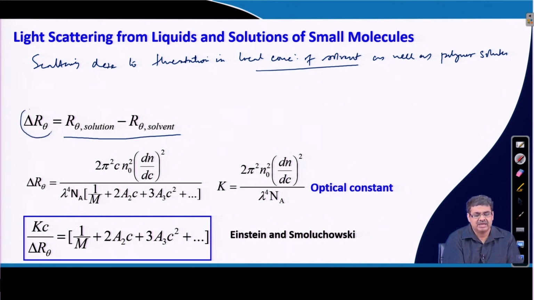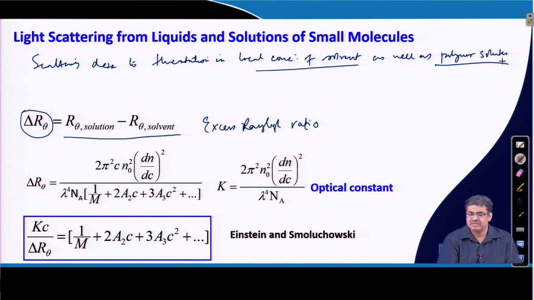We write this as the excess Rayleigh ratio, which basically removes the scattering due to solvent molecules from the solution. So, we need to take care of the polymer solutes.